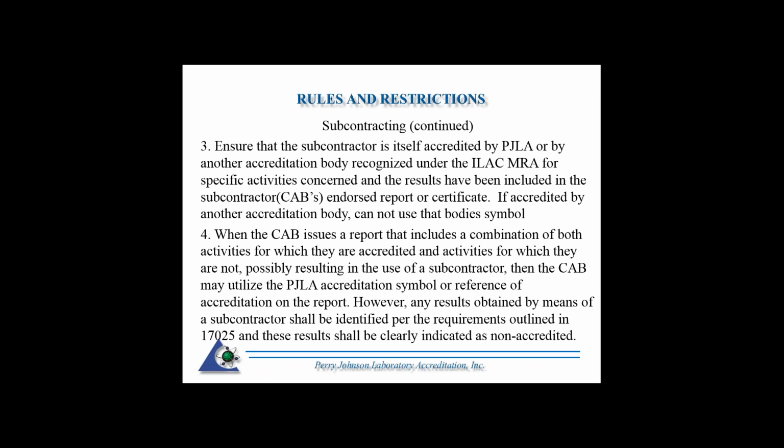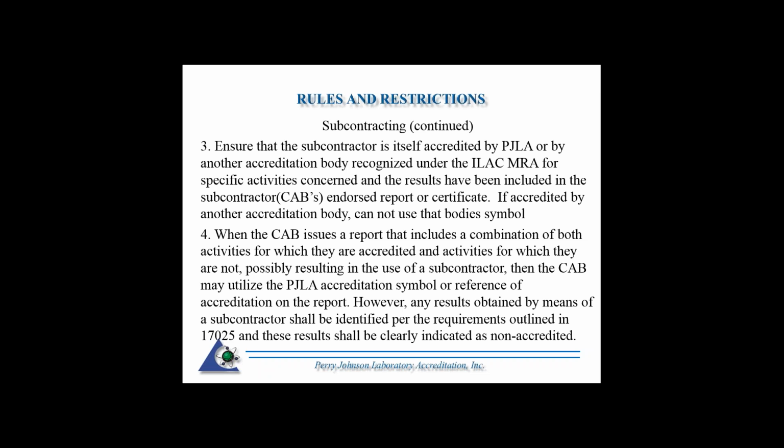When the CAB issues a report that includes a combination of both activities for which they are accredited and activities for which they are not, possibly resulting in the use of subcontractors, then the CAB may utilize the PJLA accreditation symbol or reference to accreditation on the report.